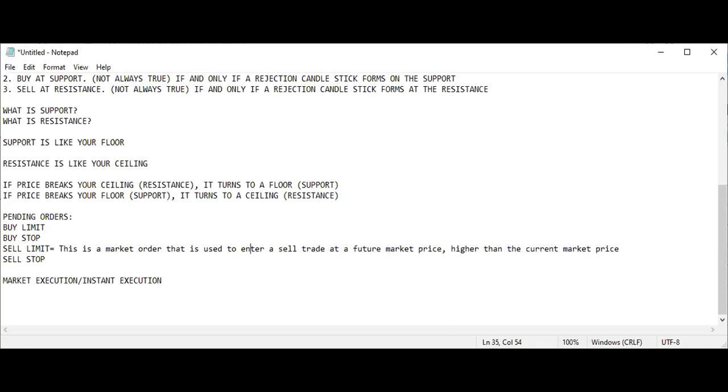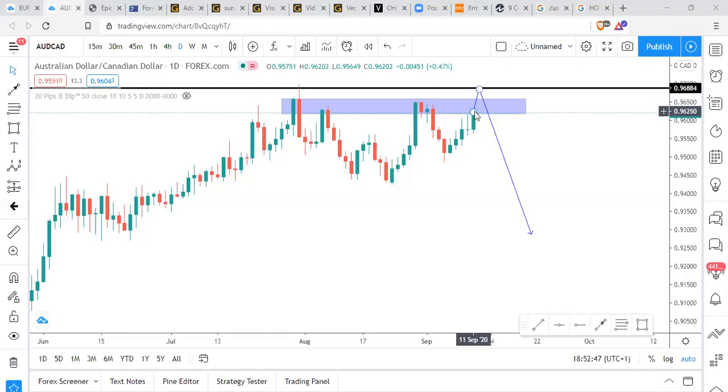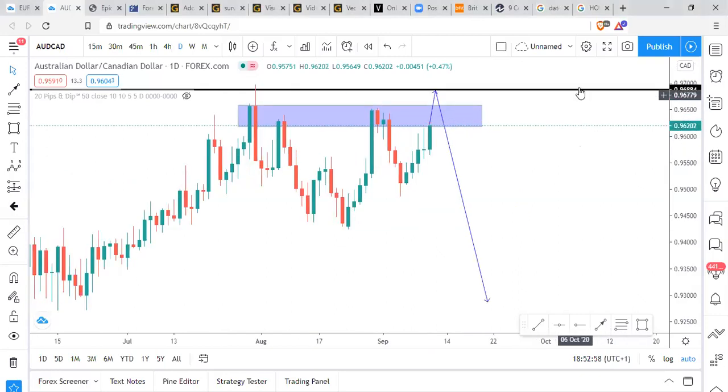All right. So price is currently here: 0.96202. This is the current market price. If I want to enter this trade, let me give you guys an example.